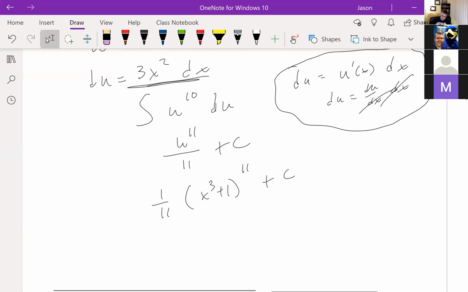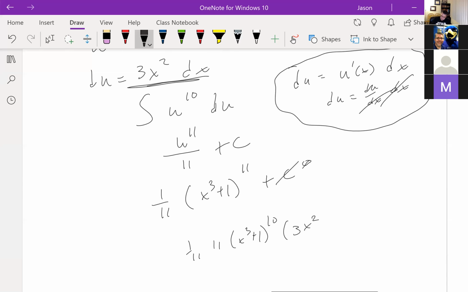And again, if I took the derivative of this thing, what would I have to do? I'd have to do the derivative of the outside, which would be 1/11 times 11, right? Times x cubed plus 1 to the 10th. That c would go to 0. And then I would be left with times 3x squared, right? Because that's the derivative of the inside.